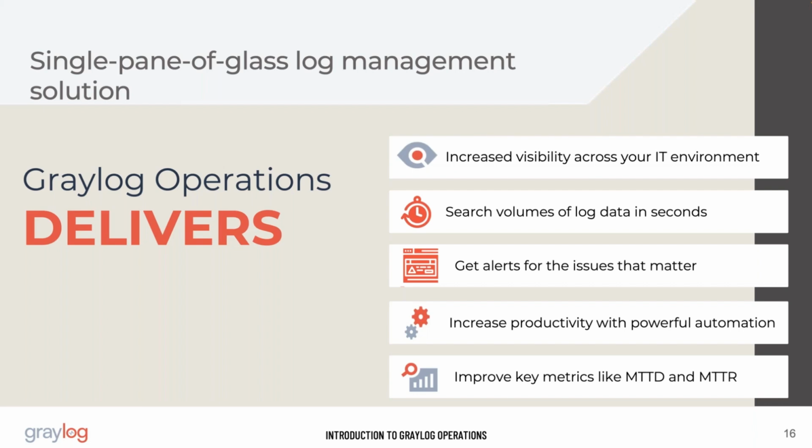And we have powerful automation to increase your productivity, including pipelines, log handling, archiving, and alerts. Correlate anything you want to play around with in your logs. It improves your mean time to detect and mean time to recovery, because we have faster response and faster search with our correlation engine and the efficiency of our OpenSearch Elastic database.